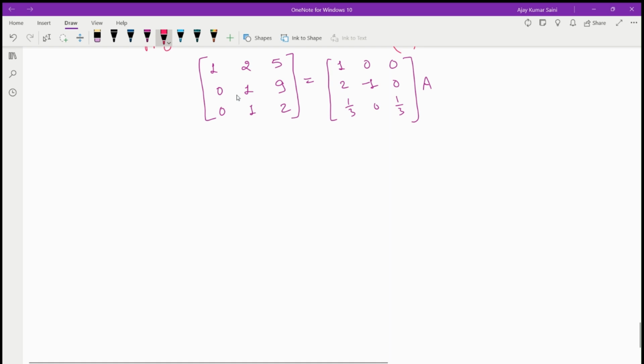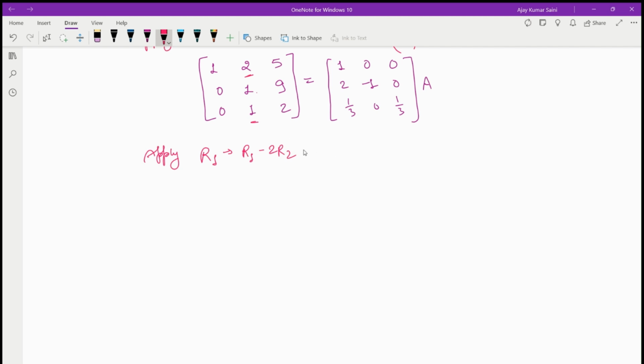After that, now I need to make this term and this term 0. So see how I do it. R1 is R1 minus 2R2. If I multiply this R2 by 2 and subtract it from R1, then it is 0.